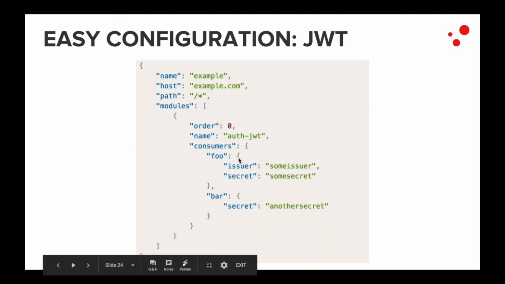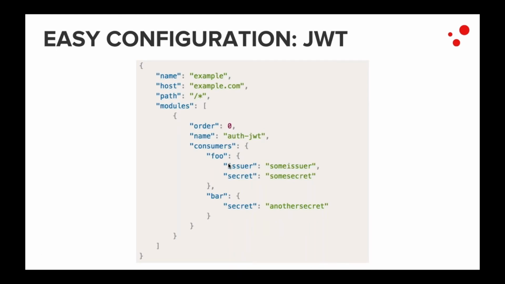This issuer field here is used to indicate which is the module that issues JSON Web Tokens. I'm not going to present it, but if you have a look at our documentation, there are actually 2 JSON Web Token modules. One is for the authentication, and the other one is for the token issuer. So it's pretty complete.